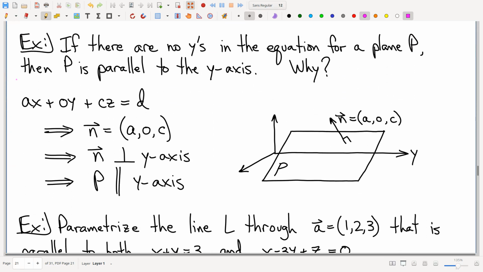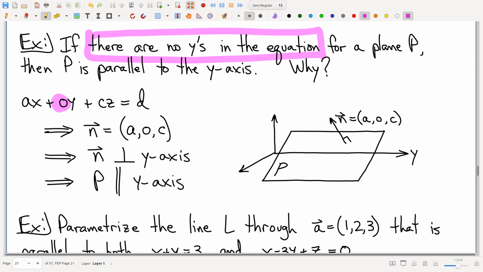Okay, a couple of neat facts I want to walk us through. Turns out that when you have an equation for a plane, and there are no y's in the equation, so ax plus 0y plus cz equals d, this is so easily observed.